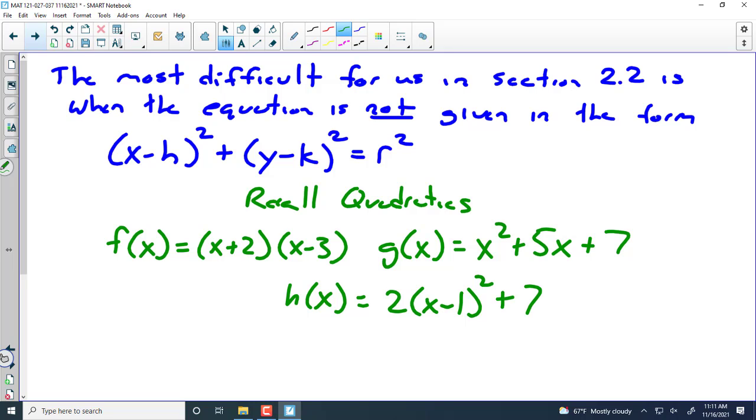Those are not all the same equation. That's why I call one f, g, one h. They're not all the same quadratic. But are those all quadratics, everyone? Yeah, and depending on which form they give it to you, one of them might be easier to work with than another one. So what we need to be aware of is that circles can come in a different form.